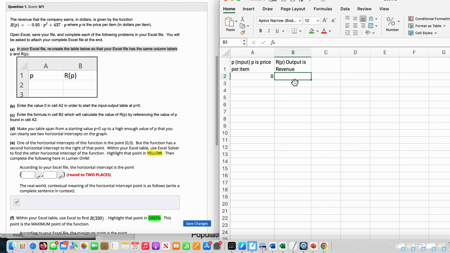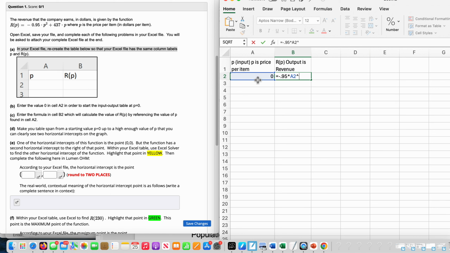And I'm going to use cell referencing to write my revenue function, which is here. So this revenue is equal to, I always start a formula with an equal sign, negative 0.95 times, where is my price, right? P squared, my price is here.